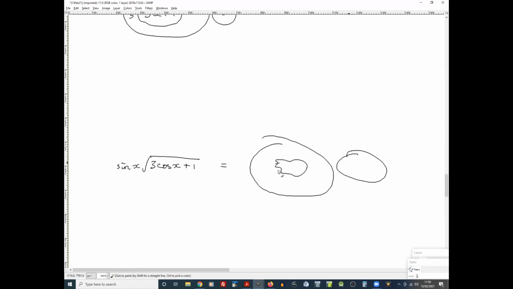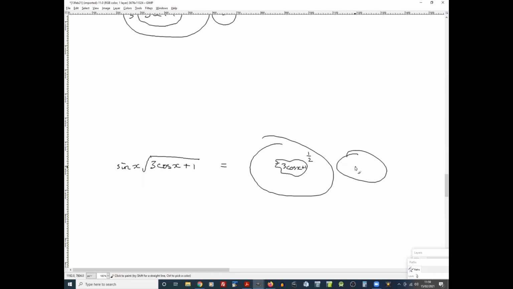So the reverse chain rule, how does it fit that lower level of the chain rule? Wouldn't it be 3 cos x plus 1 to the half in the? Exactly. Good. And then this would have to be what?